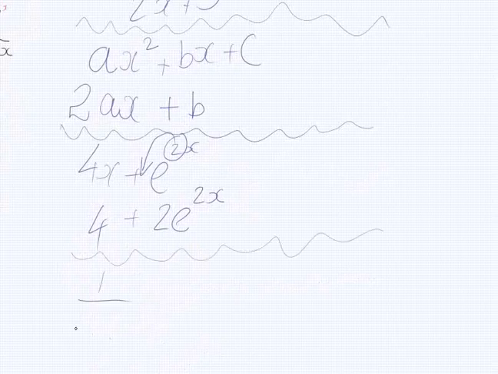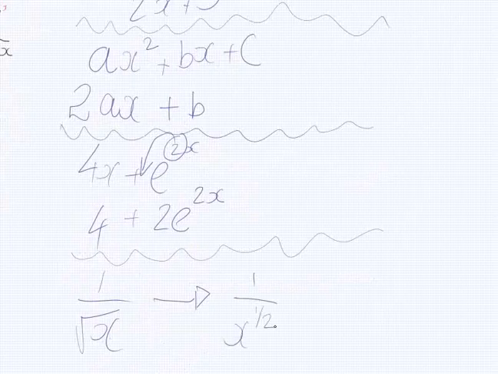Now, the problem with this is before we even start, we have to write it as a power. So firstly, I should change it into 1 over x to the power a half. And then, because it's in the denominator, I can bring it to the numerator by changing the power to minus a half. You could have done that in one step if you like, okay? It's okay.